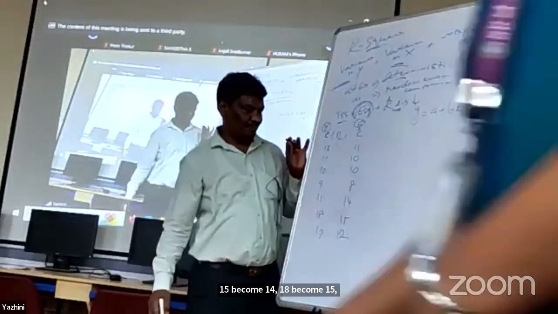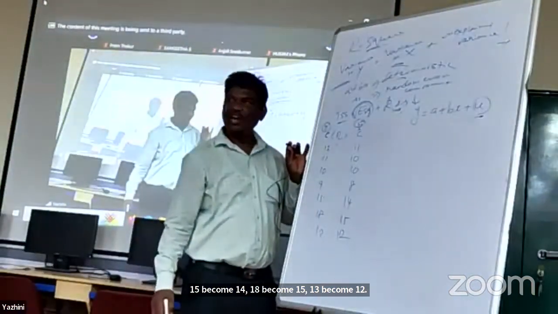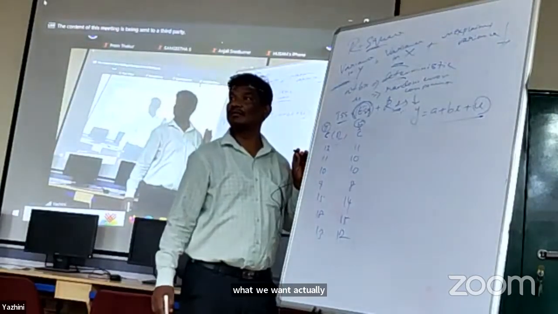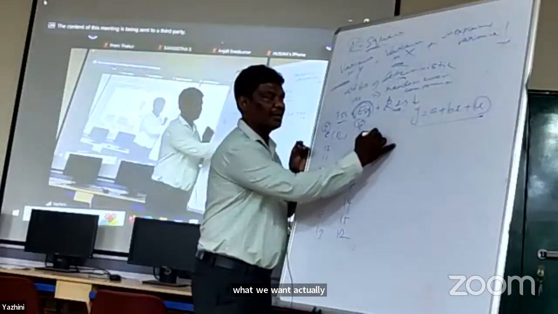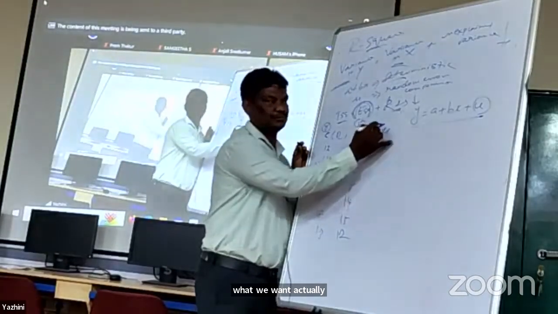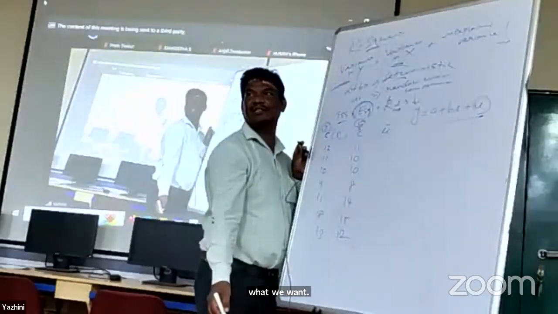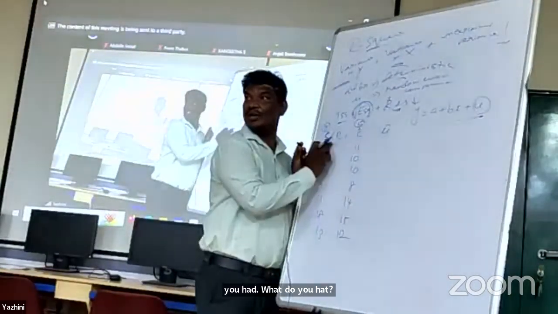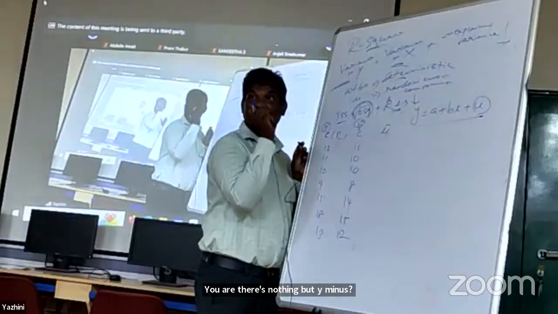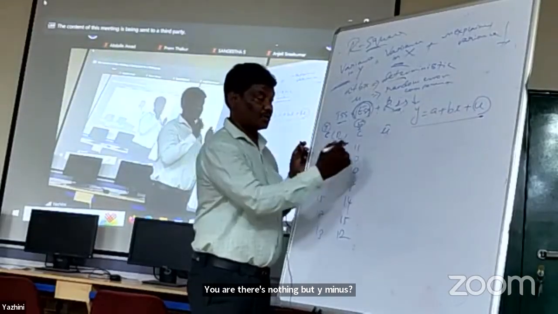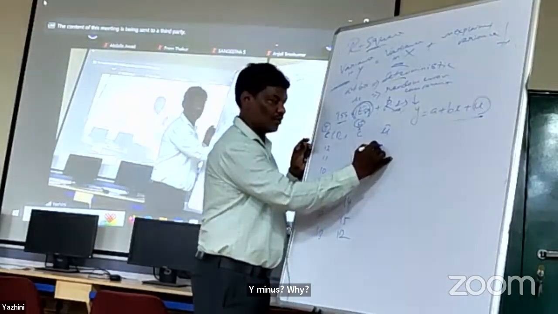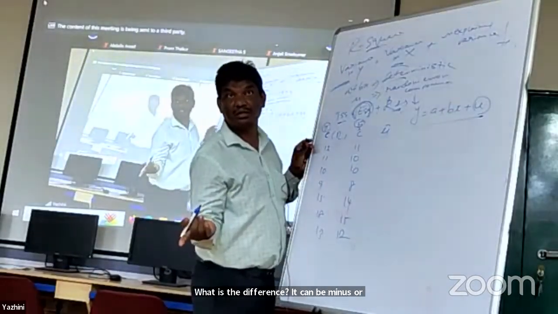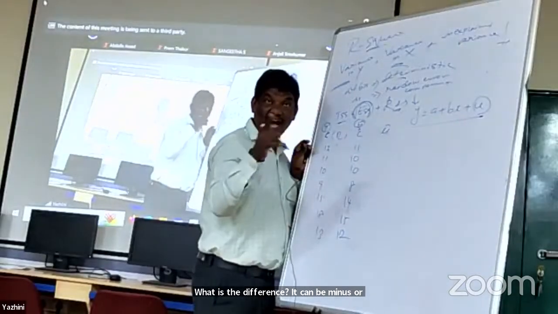Now what we want actually is the residual, U hat. What is U hat? U hat is nothing but Y minus Y hat. What is the difference? It can be minus or plus. Residual can be minus or plus.